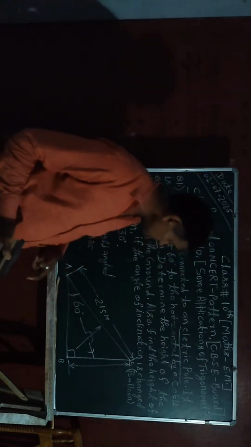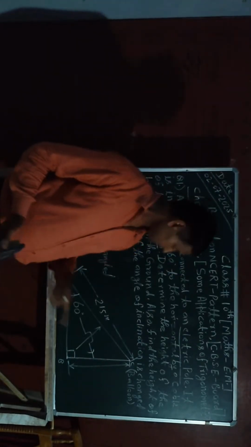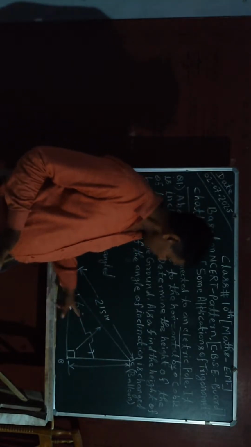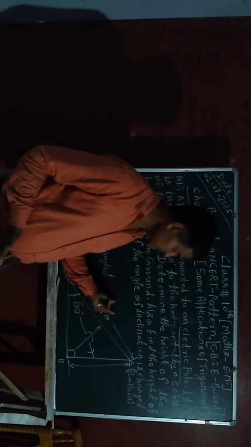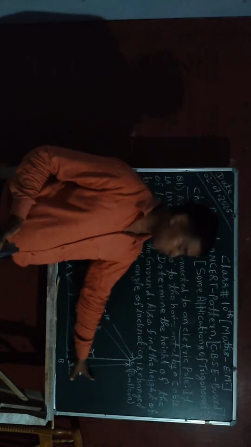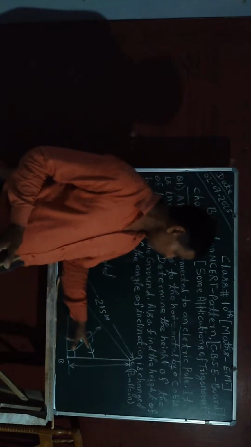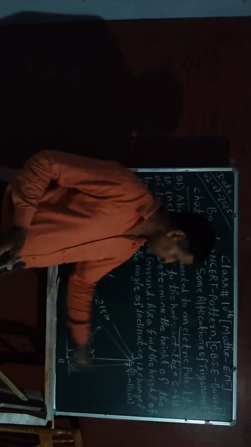So I will use trigonometrical ratio, which will give the destination point. Therefore, here hypotenuse is given and perpendicular we need. Therefore, I will use here sine trigonometrical ratio for getting the length BC.